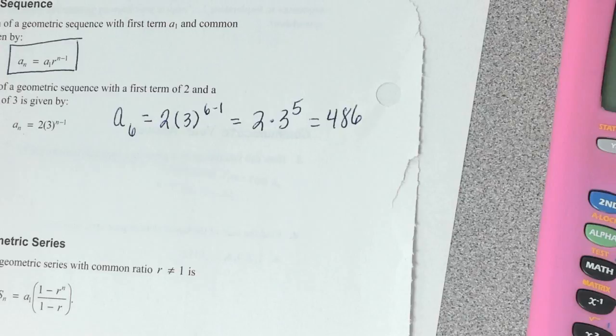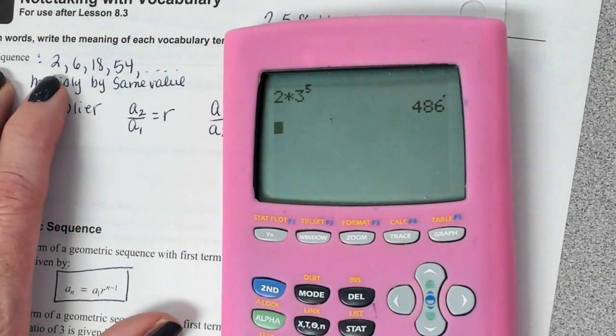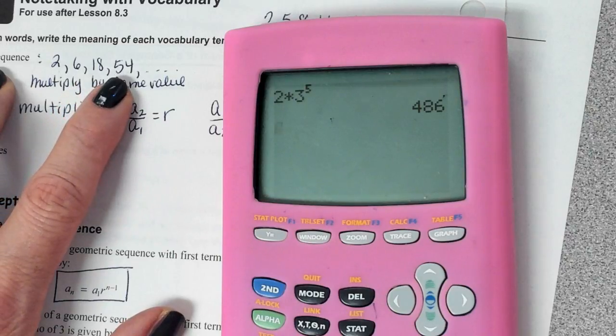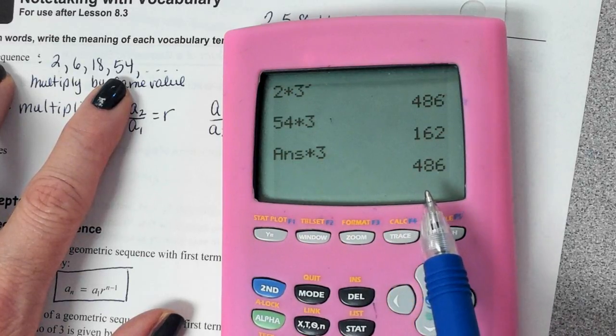That's the sixth term. The other way I could have found the sixth term, though, is here's my first, second, third, fourth. So I can take that fourth term times 3. There's my fifth term times 3 again, and there's my sixth term. So we have two ways we can find that sixth term.